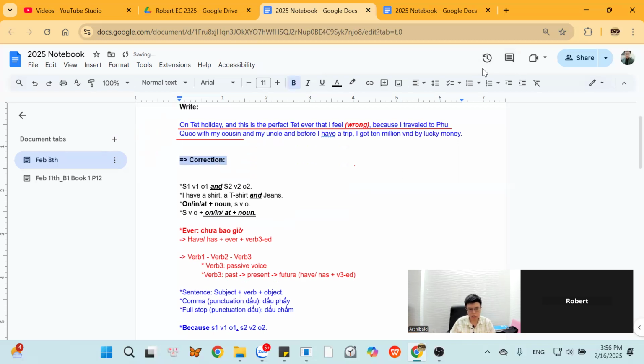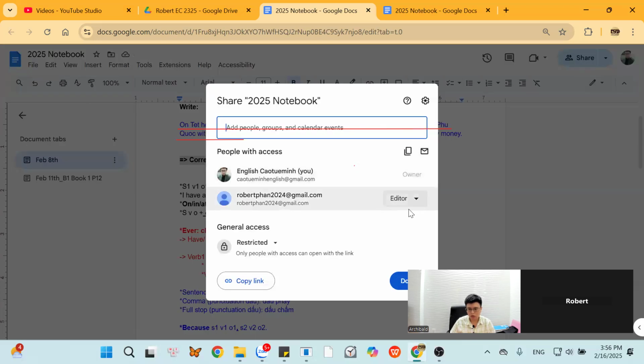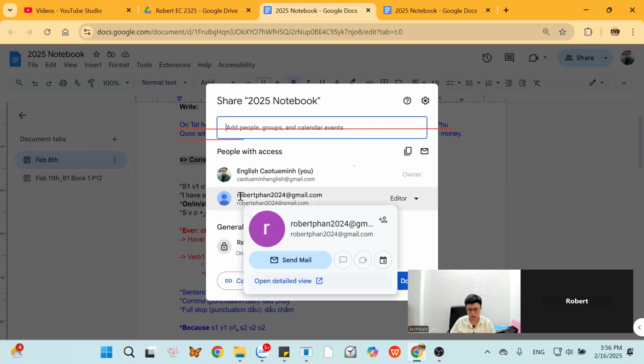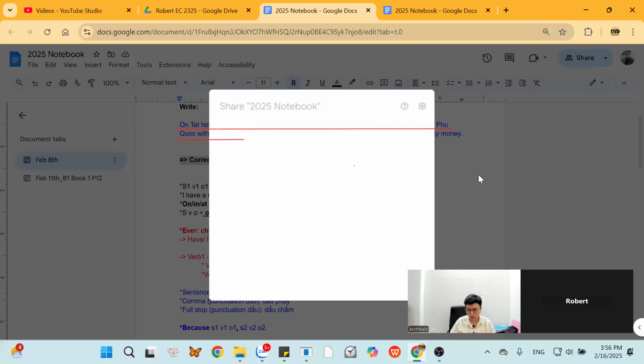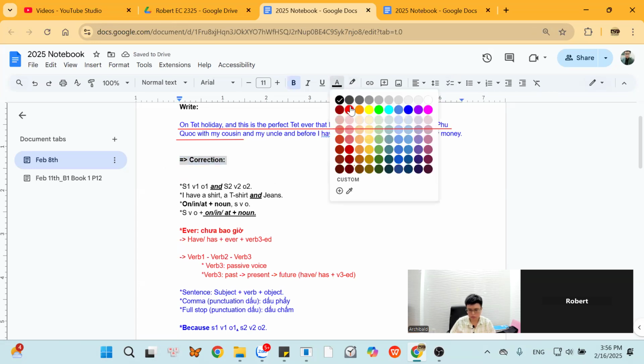Robert, can you log into this notebook? Can you log into this notebook? I can see that you are in my notebook. Robert, yes, I do. So here, please log into the notebook and type your sentence here. Type. Is it okay? Yes.